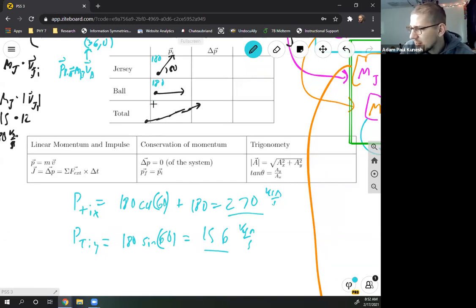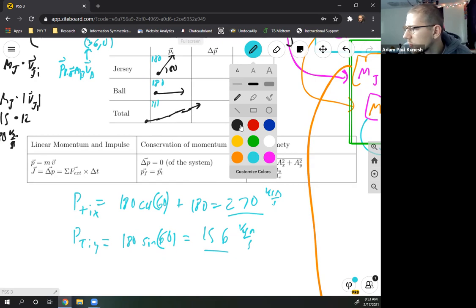So the magnitude of this thing is going to be 156 squared plus 270 squared, square rooted. So that's 311. So it has length 311.